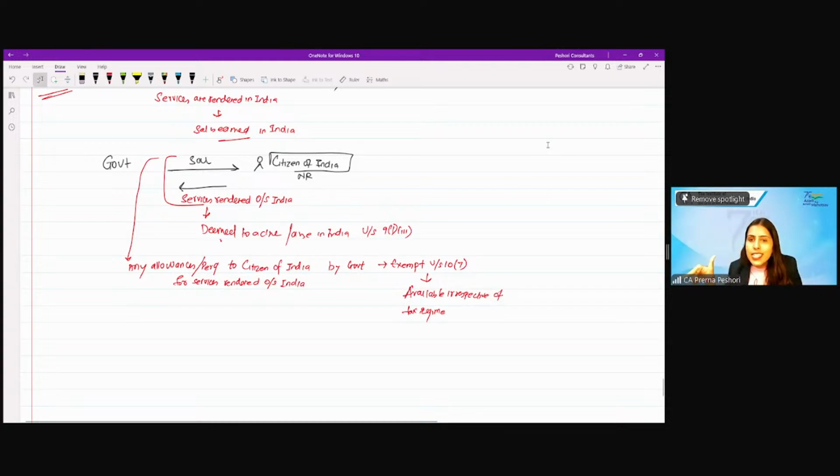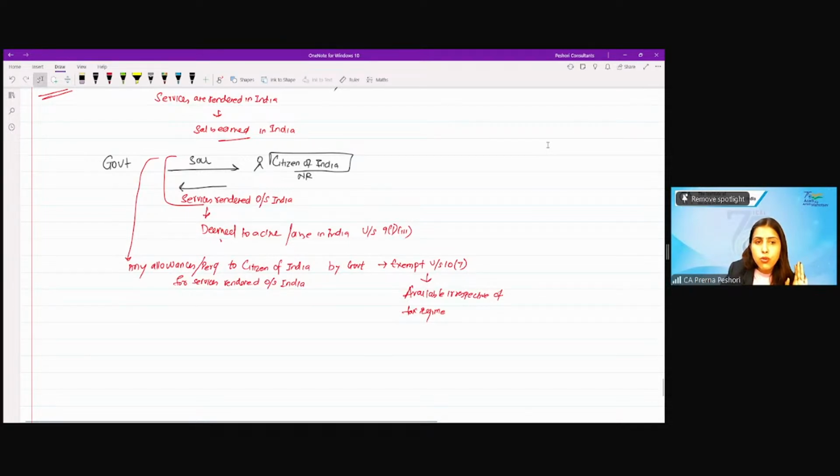If he receives the salary, that will be deemed to accrue or arise in India, even though he was a non-resident and rendered the services in the UK. But whatever perquisites or allowances he may get will also be deemed to accrue or arise in India, but that will be exempt under 10(7). Are we clear? Yes or no?